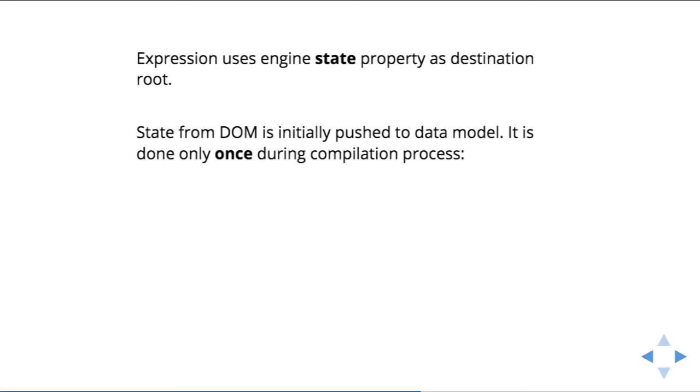And state from the DOM is initially pushed to the data model in this compilation process that I have mentioned. And it is done only once. So it's like Ember bootstrapping, and it's like pushing a React rendered component and taking the information from it.